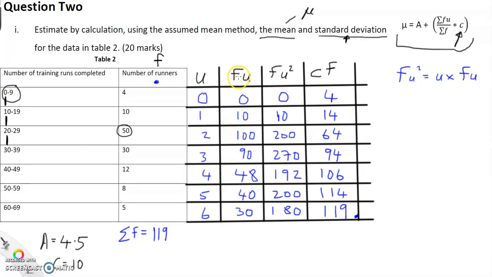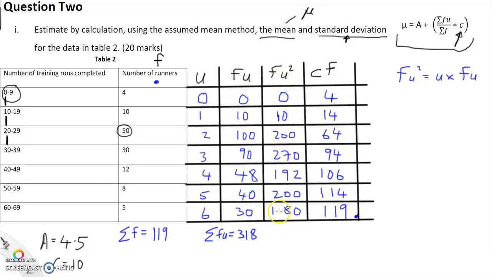The next total we need is the sum of our FU column, sigma FU. We add up all those values: 10 plus 100 plus 90 plus 48 plus 40 plus 30 equals 318. And next up we have FU squared.